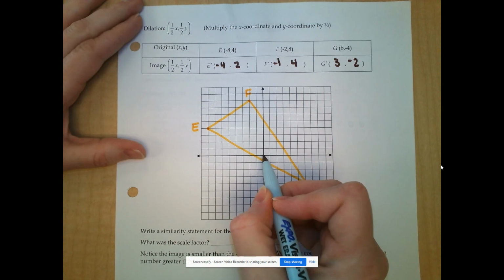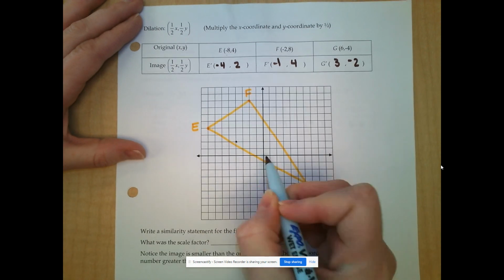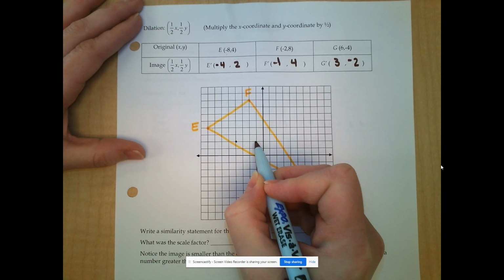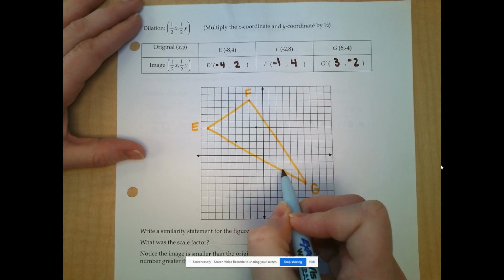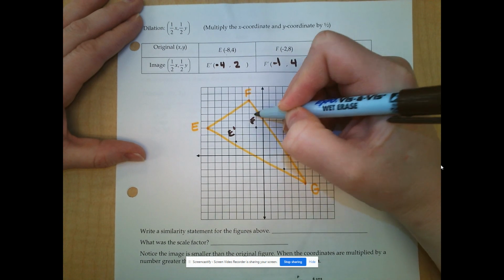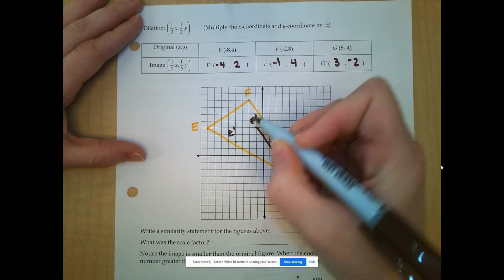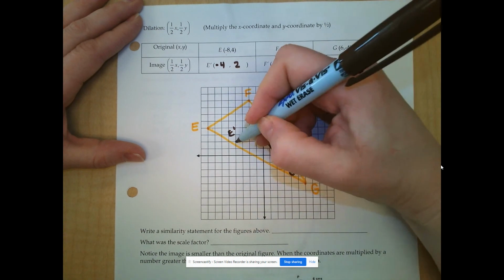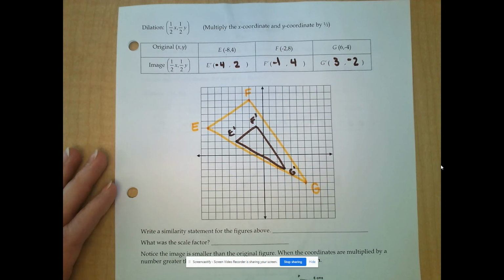So my new shape, negative 4, 2, and negative 1, 4, and positive 3, negative 2, those are going to be my E prime, F prime, G prime. I am doing it in another color just so you can tell the difference between the original and the image, but you can see that it got significantly smaller.